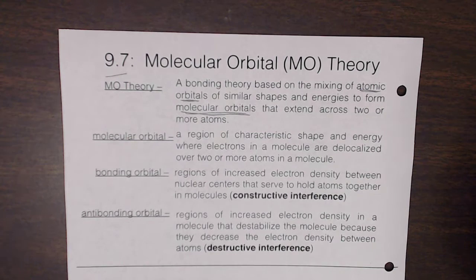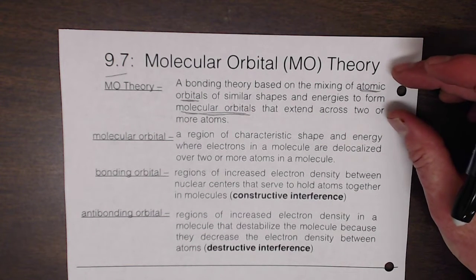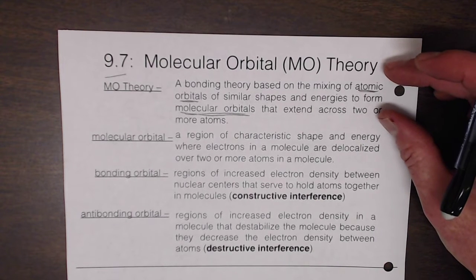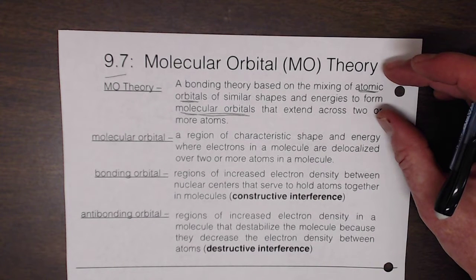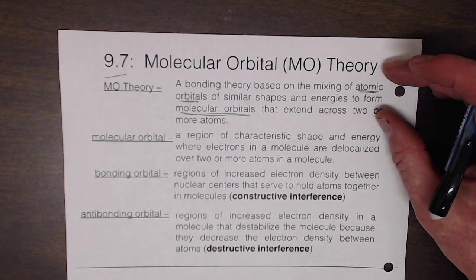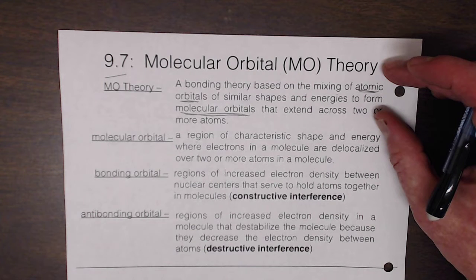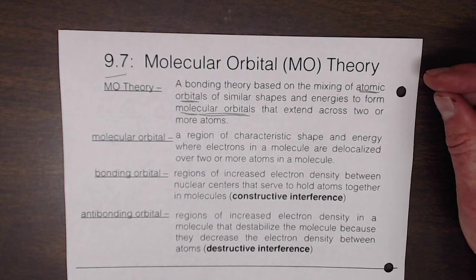And so what we'll see with MO theory, it's very similar to valence bond theory, what we discussed last time. However, in MO theory, we really just focus on the bonds between simple diatomic molecules, whereas valence bond theory we use to really describe the geometry about a central atom.